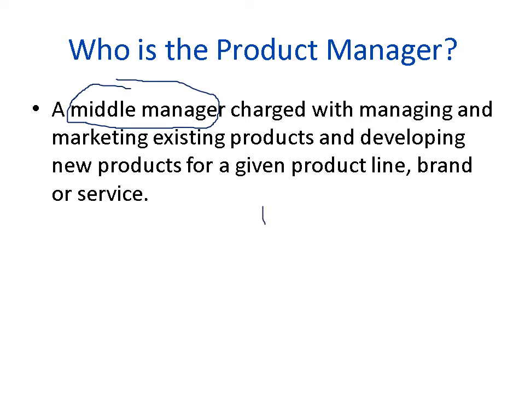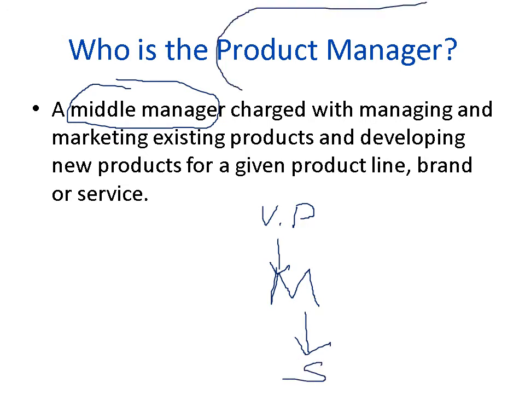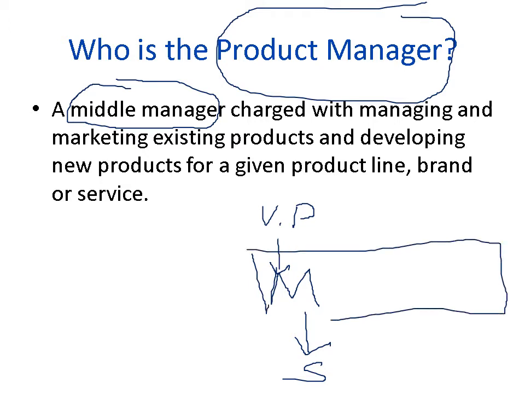What is important here, guys, is that the role of a product manager is in middle management. So, if you have the vice president here, the next in rank will be a manager, and the next in rank will be a supervisor. So, all product managers should be equipped with supervisory and managerial skills. And basically, you are here at this level, middle management.